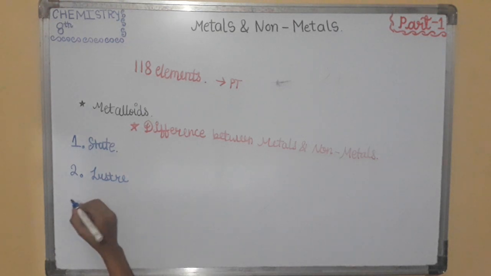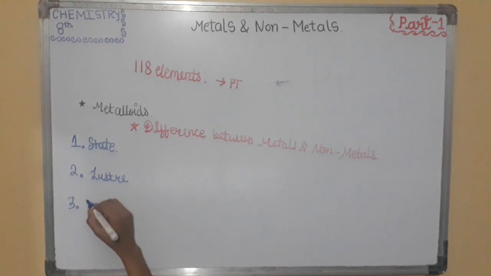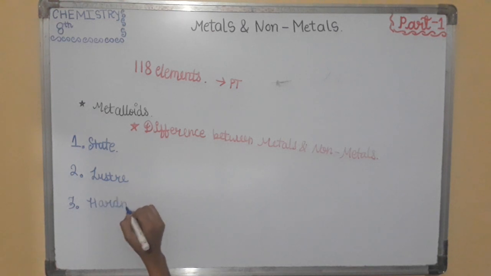Third is hardness. In metals, generally hard. Metals are generally hard. Exception, sodium, potassium, mercury and lead. In non-metals, they are generally soft.